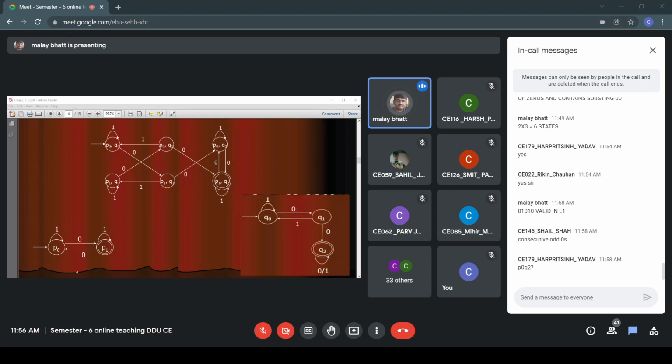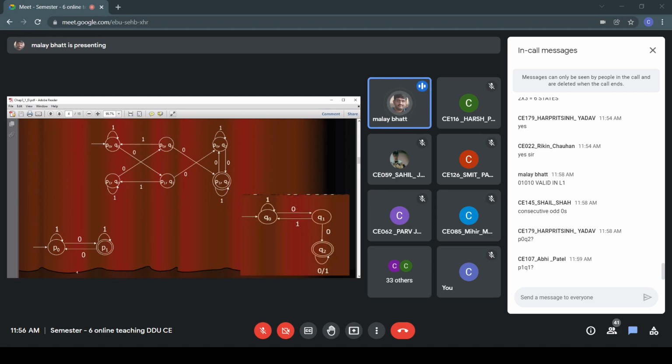As per the first automata, we must have an odd number of zeros only. So if you traverse from the initial state on input 0, you will go to the P1 Q1 state.